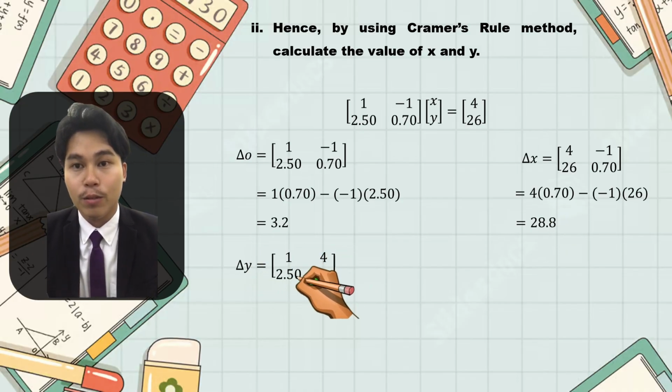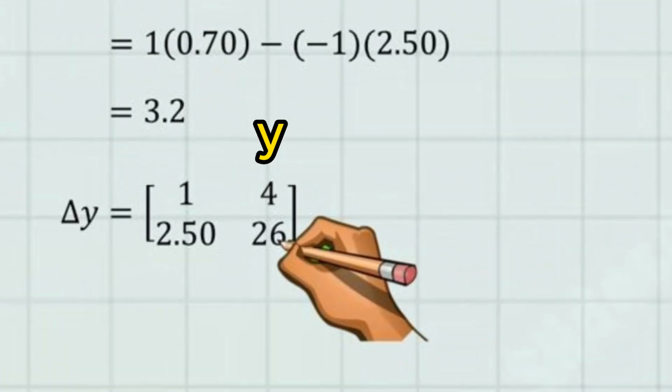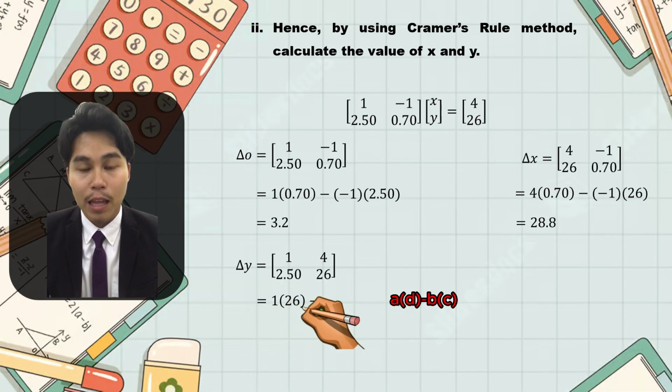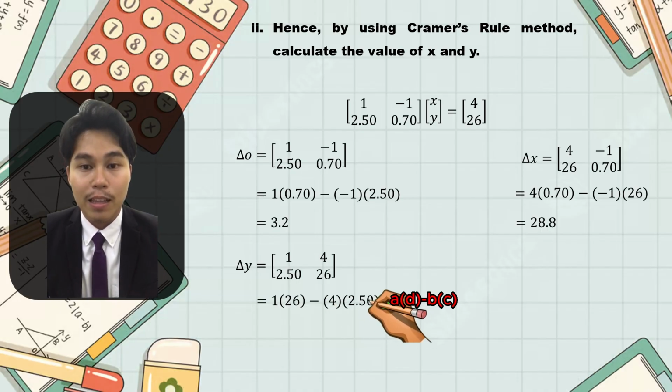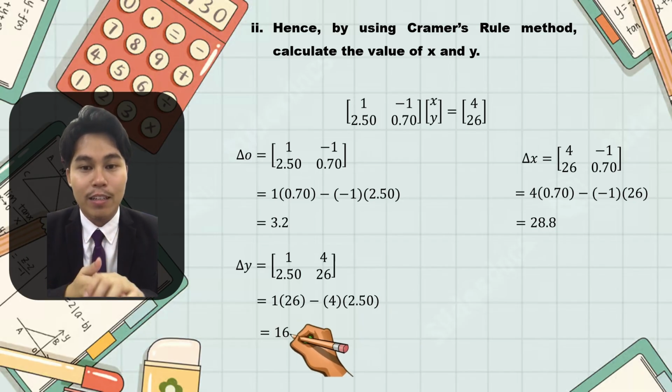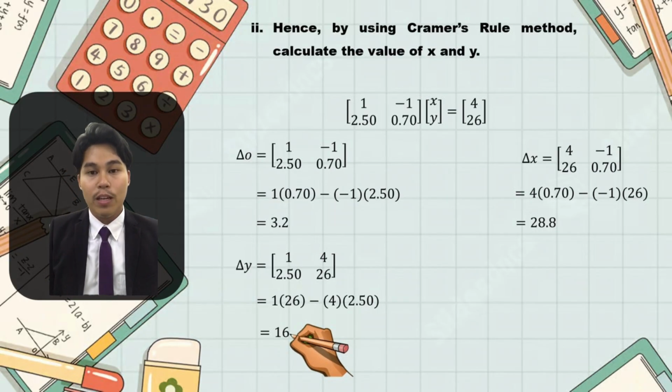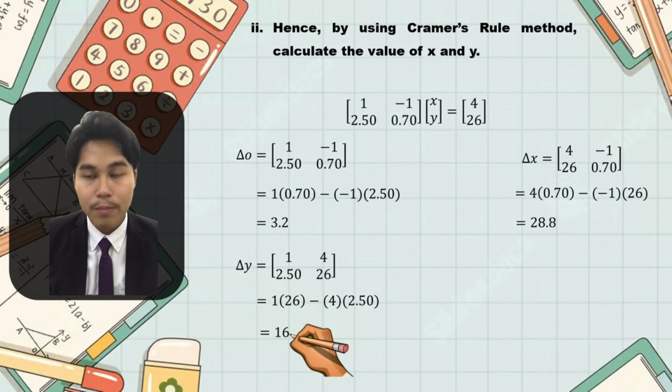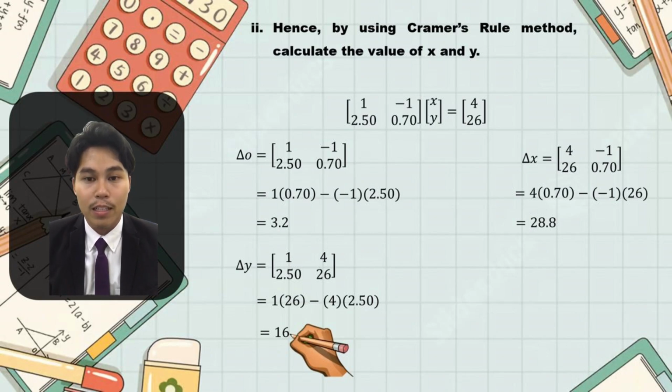For delta y, we need to replace the y column with the total of the books. The formula is A times D minus B times C, and there we get the result and calculation for delta y. After we got delta x and delta y, we can find x and y.